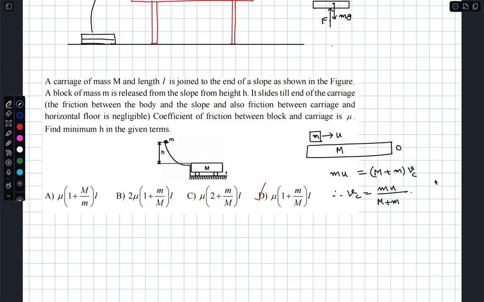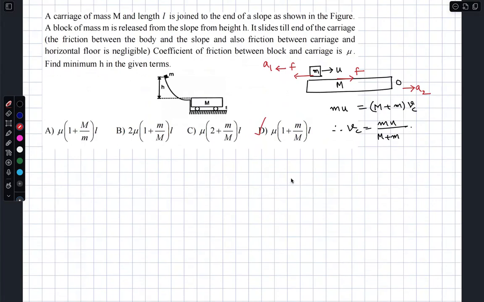Now, here there is an involvement of friction. This friction decelerates the first block and accelerates the second block.